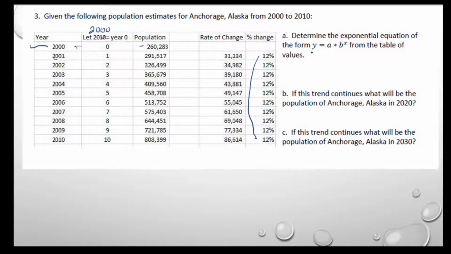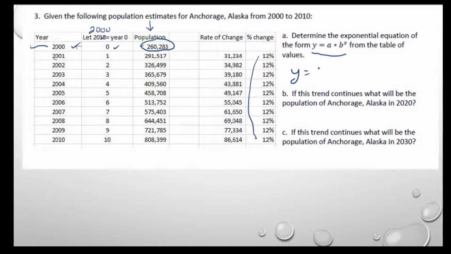Now we're going to write it in the form y equals a times b to the x and explain what it means. Well, y is the output, which is the population, equals A, which is the initial value, which is right here. That's the initial value, because that's what we called the starting point. We made that decision.